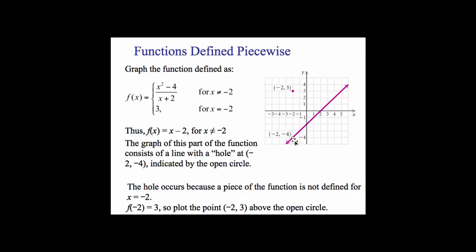And then at x equals negative 2, we have to keep a hole on that graph because it's not for when x equals negative 2. And when x equals negative 2, my value is at 3. So here, my value needs to be at 3. Okay, so open circle means it doesn't include it, closed circle means it does.